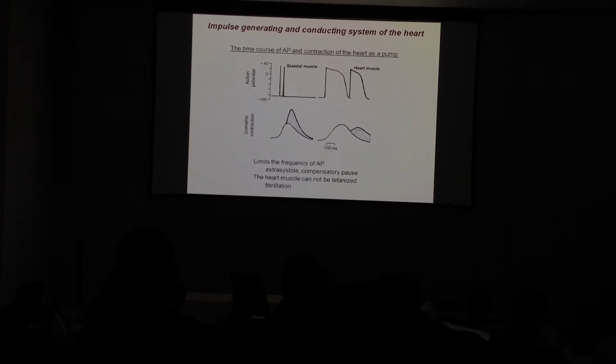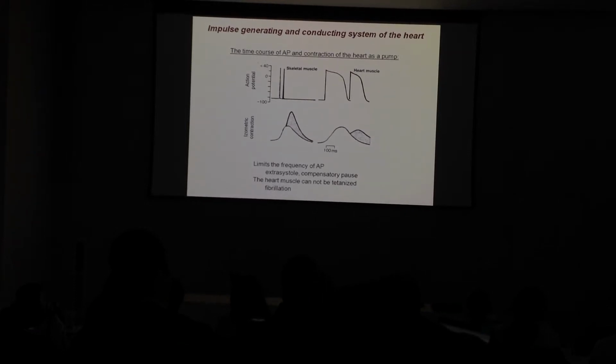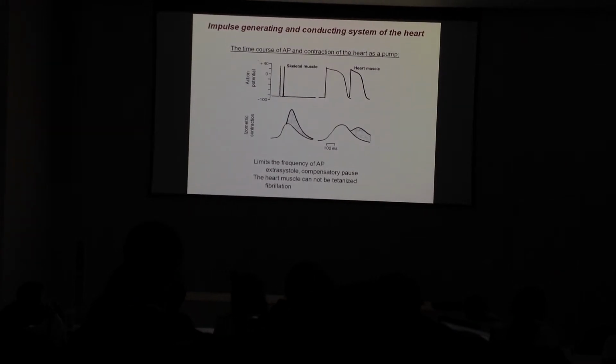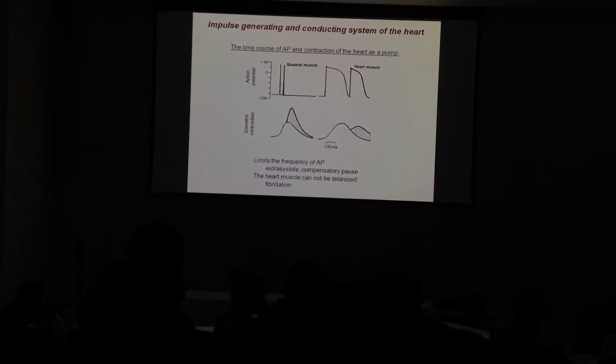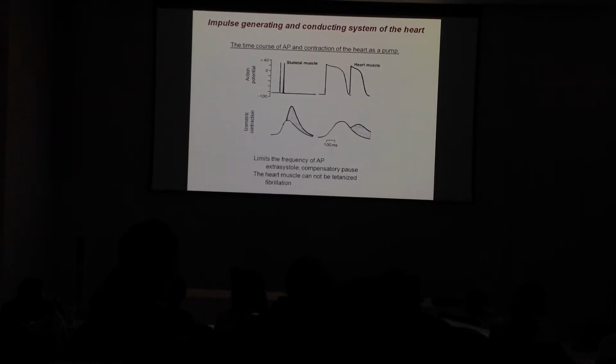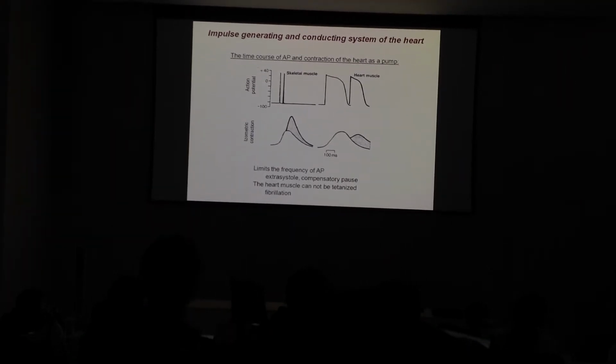So, why is this so important? It's very important because if an action potential appears in the heart, it will depolarize the whole heart. And the whole heart, all the cells, will contribute to the contractile response. It will be the systole of the ventricle.